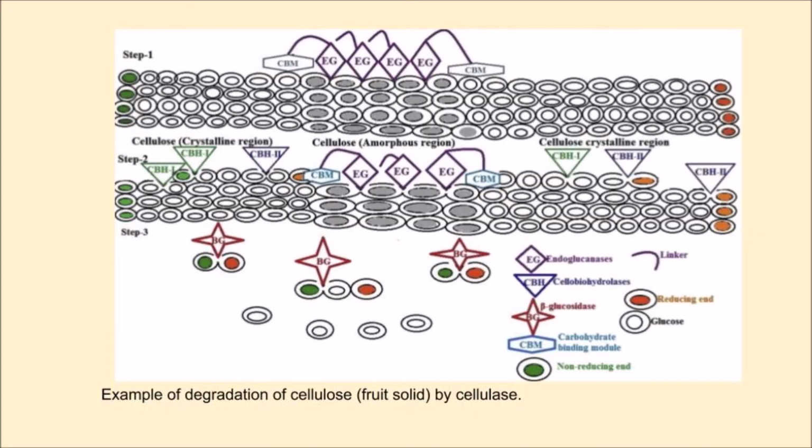So this is an example of the degradation of cellulose, which is the complex sugar component in the fruit, by the cellulase enzyme. The cellulose will be in crystalline and amorphous regions. As we know, mostly the cellulose is positioned partly in the crystalline region, which makes degradation by the enzyme quite difficult, and the bonds among them are quite strong to be broken.